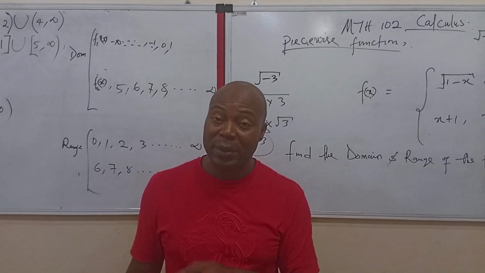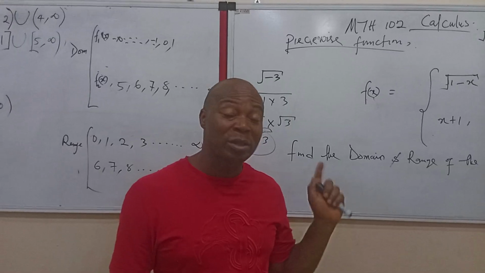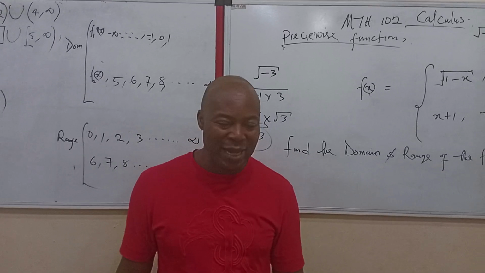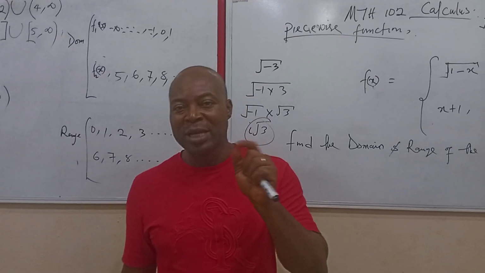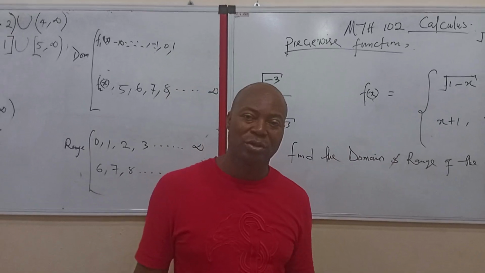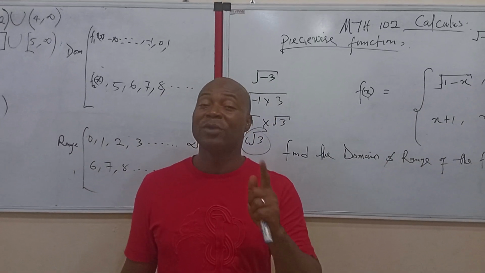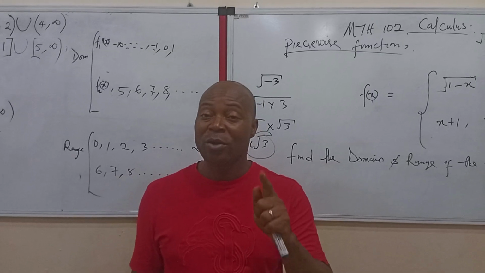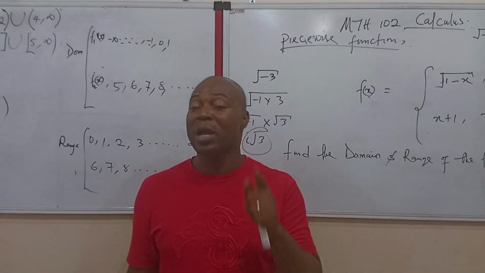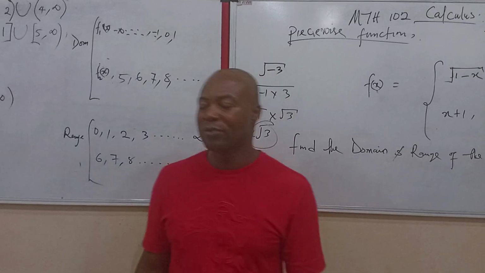And that complex number is not inside the real number set, so that kind of thing will not work. So when you deal with square roots, my brothers and sisters, be very careful. Anything that gives a negative inside the square root will give you a complex number.